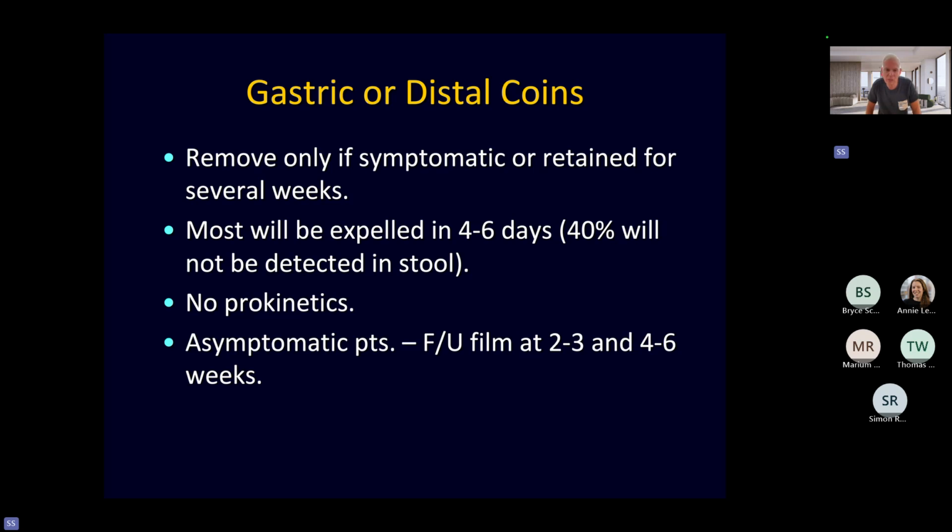Those that pass the pylorus, where are they most likely to get lodged? I guess the ileocecal valve. The ileocecal valve. And so the patients you worry about would be those patients who have ileocecal valve disease, which in our population would be patients with Crohn's disease. Fortunately, patients with Crohn's disease are rarely toddlers.